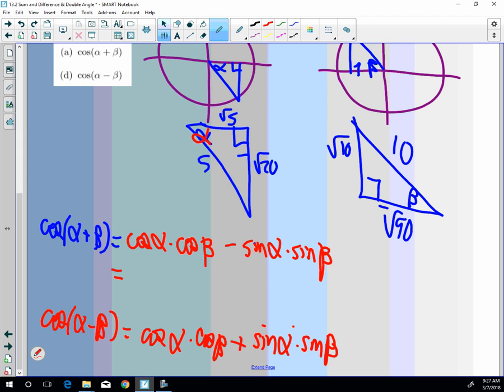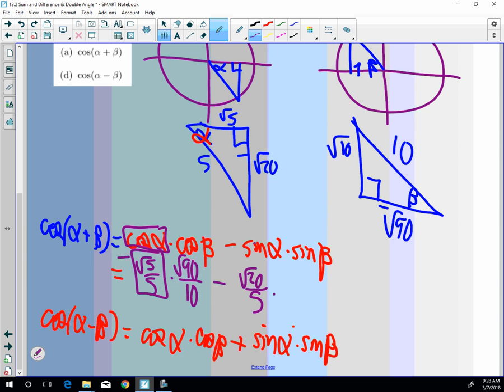And I'm just going to do this first part because we've got a second here. Cosine of alpha, square root of 5 over 5. By the way, don't put it in for alpha. This whole thing is this whole thing. Okay? Cosine of beta. What's that? Tell me what the cosine of beta is. Anybody? Square root of 90 negative over 10. Good. Sine of alpha. Now we're going to go back to the alpha again. Sine is square root of 20 over 5.